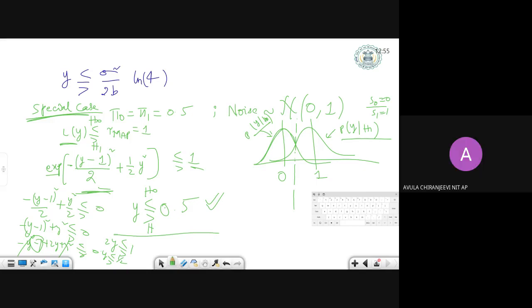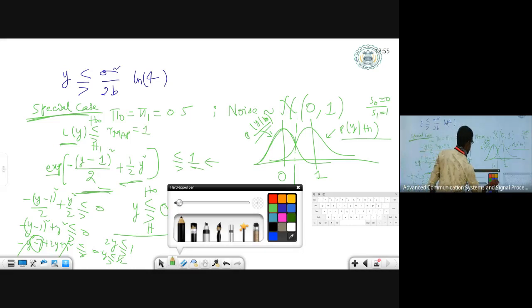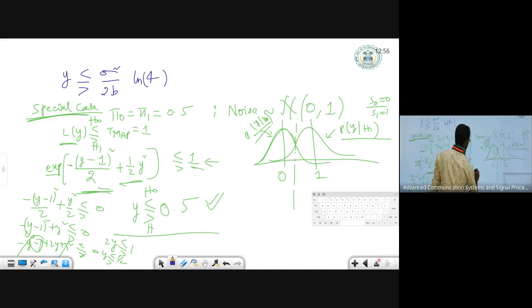Okay. So this is called the likelihood function. Now here I can write one thing from this particular equation: probability of y given h1 divided by probability of y given h0. This is h0, this is h1.